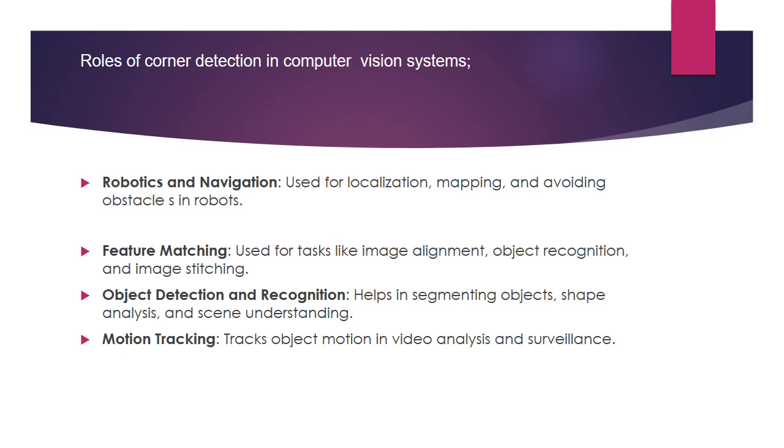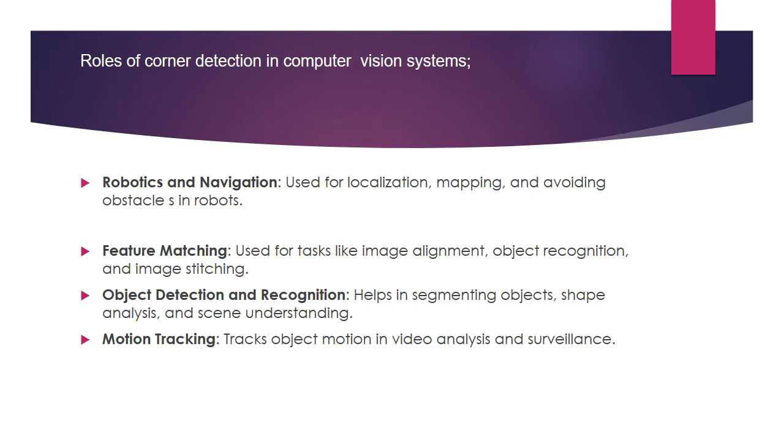Then it is also used in feature matching, for tasks like image alignment, object recognition, and image stitching. We should bear in mind that corner detection is one of the feature extraction mechanisms in computer vision. So when we talk of feature matching, it is one of the key elements we can't do without.